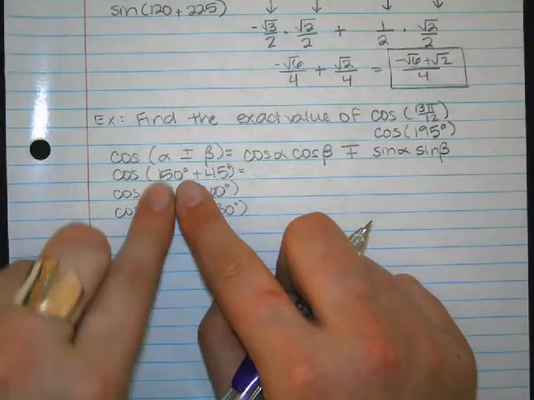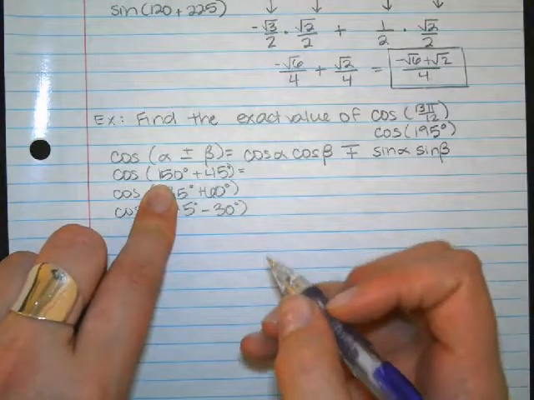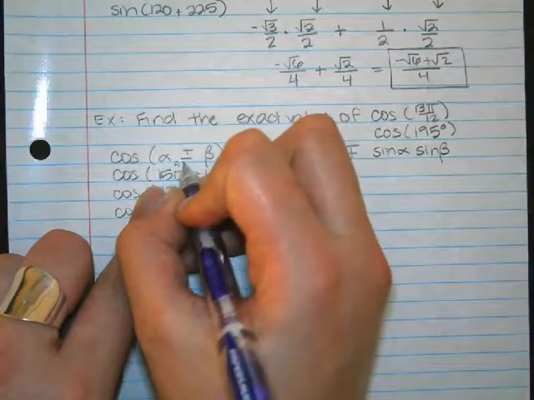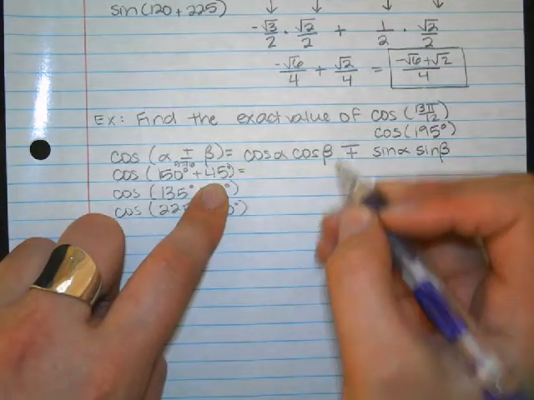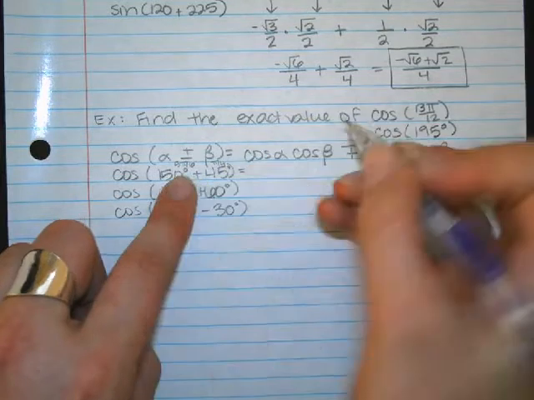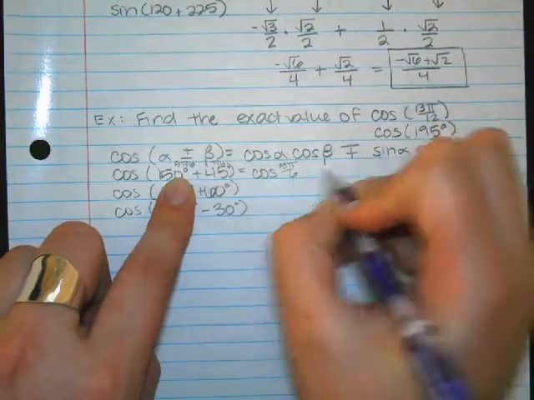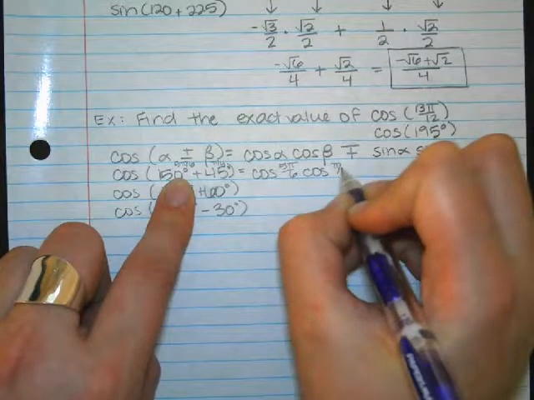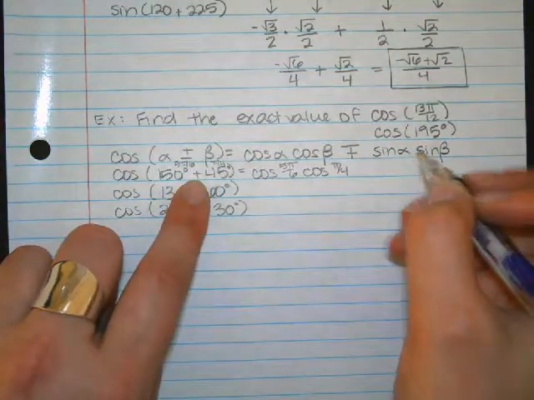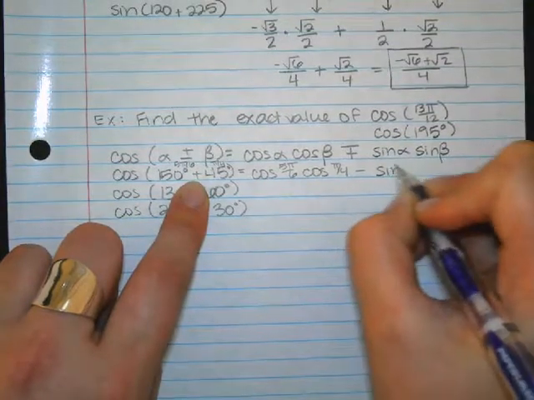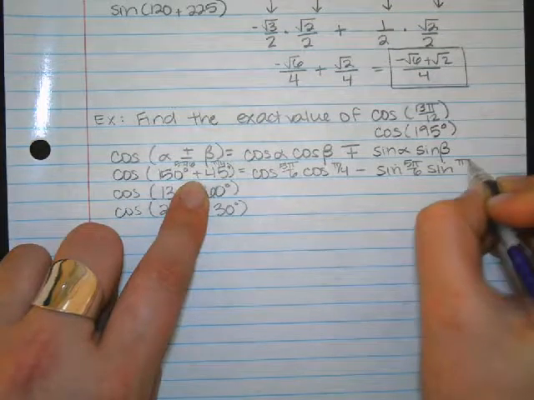Okay, 150 is 5 pi over 6. 45 is pi over 4. Okay, so we have cos of 5 pi over 6, cos of pi over 4. It was a plus problem, so what are we going to use? Minus. Sine of 5 pi over 6, sine of pi over 4.